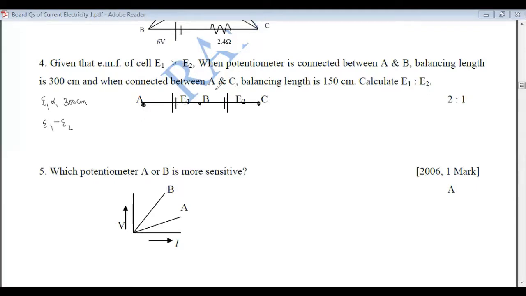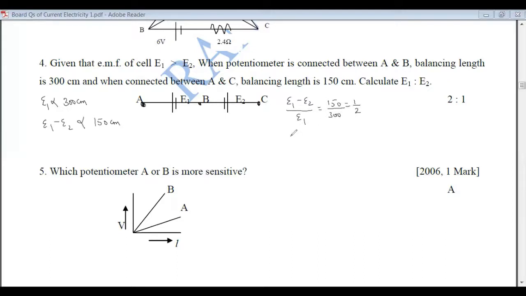It means the net EMF, E1 minus E2, is directly proportional to the balancing length, which is 150 centimeters. Dividing these two equations, we get E1 minus E2 upon E1 is equal to 150 upon 300, which is equal to 1 upon 2.